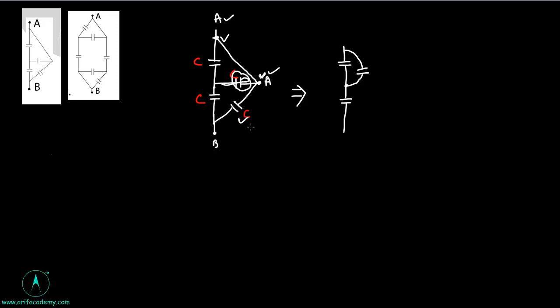So we can write it like this. This is A and this is B, and its capacitance is C. So these two capacitors are in parallel, and their equivalent capacitance will be 2C. So I can write it like this.